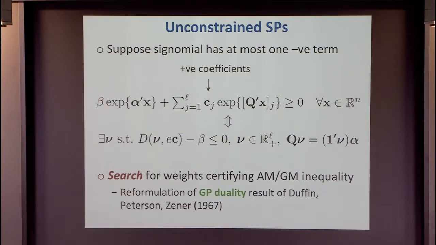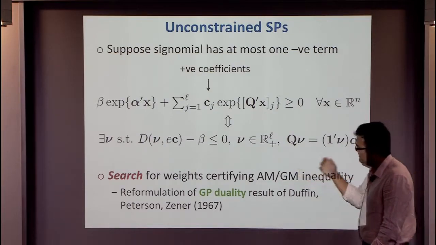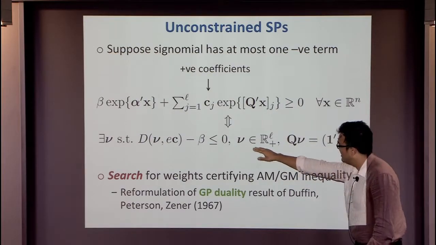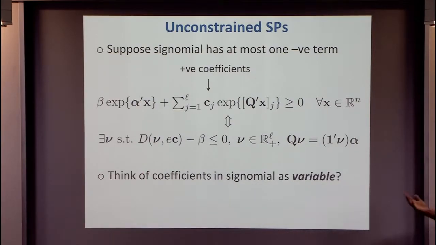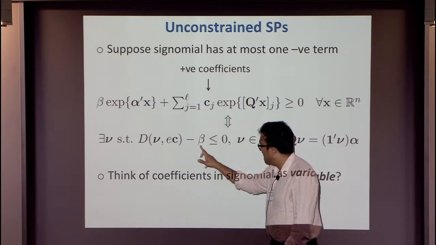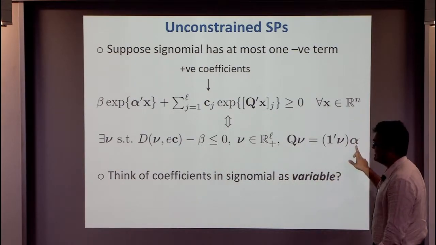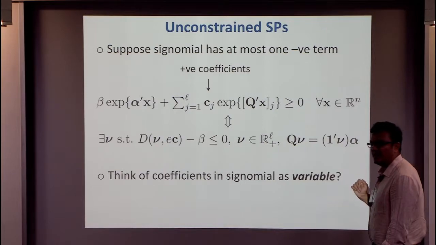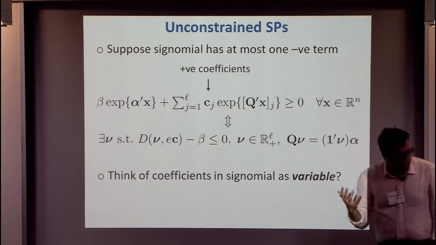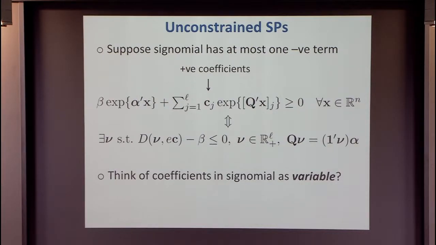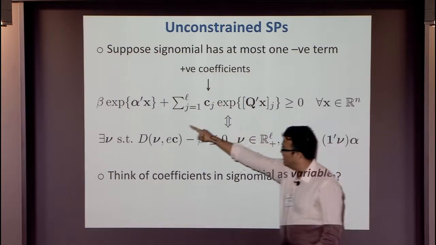Okay, so to reiterate, we're searching for weights that certify an AMGM inequality. But in all this discussion, we've thought of C, beta, and these exponents as being fixed. If you just think of these exponents as being fixed, you can actually think of the set of globally non-negative signomials with respect to these exponents.